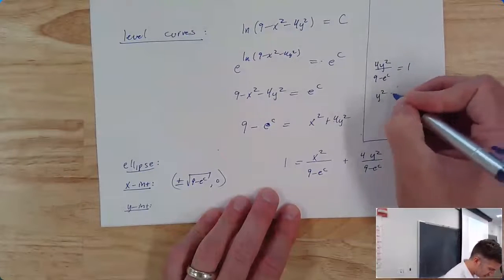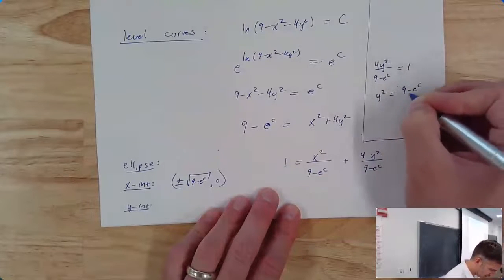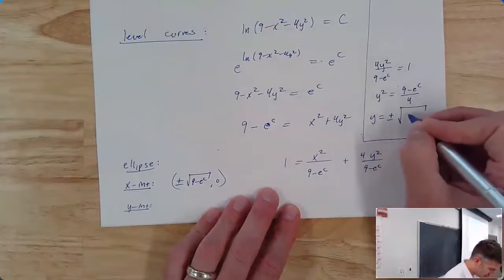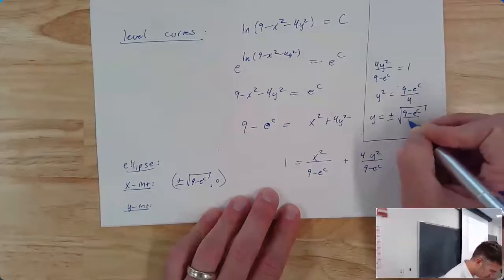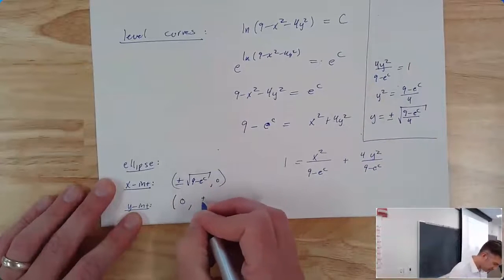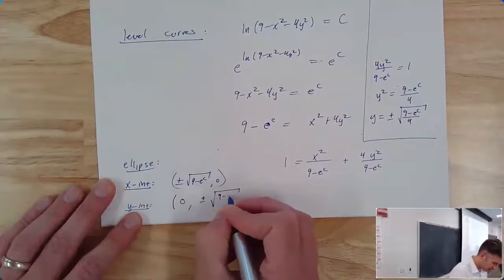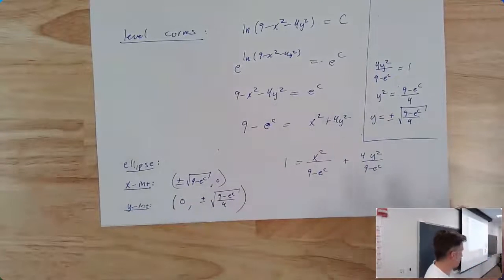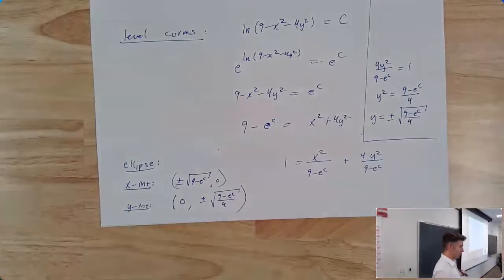So y squared equals 9 minus e to the c over 4. And y equals plus or minus the square root of all of that. So again, not particularly lovely, but the point of this is more that you can isolate your equation in a way so it looks like something relatively familiar.